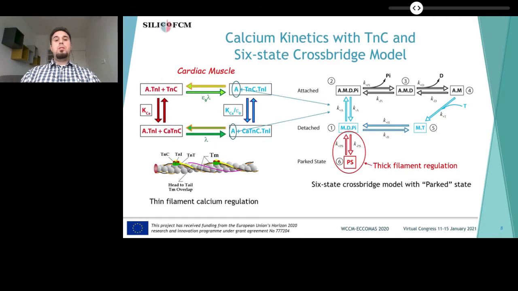Park state is regulated by calcium, and it is necessary in order to keep the binding flux of myosin heads low when calcium concentration is low during the resting phase of muscle contraction, while allowing more myosin heads to be available for binding once the calcium concentration is high.